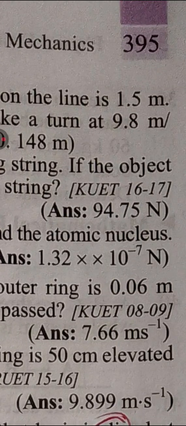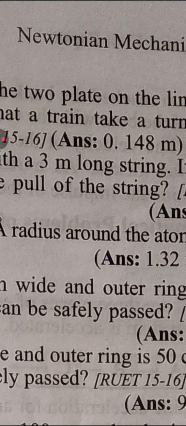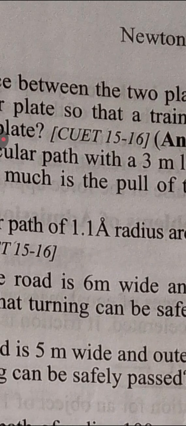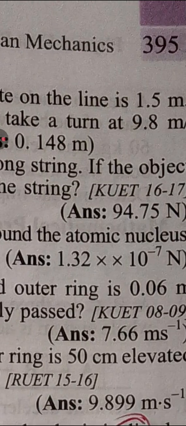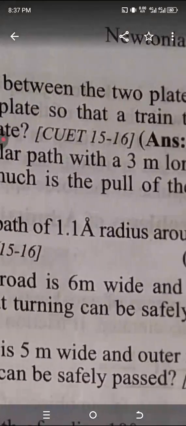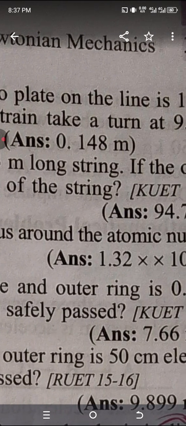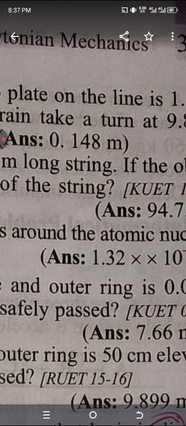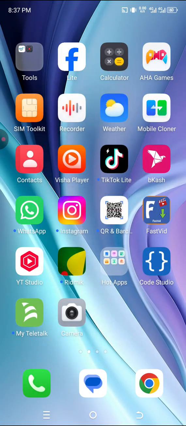So speed is 9.8 meter per second, and the width is 1.5 meter, radius is 99. Okay, and the answer they have provided, I guess this answer is correct, because I previously tried it, 0.148 meter.